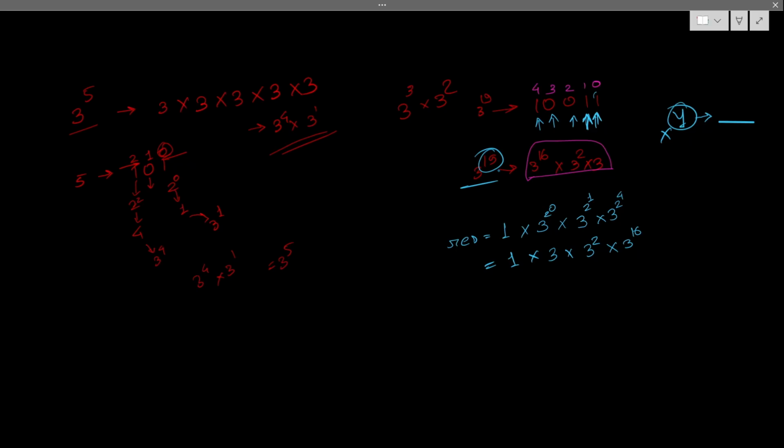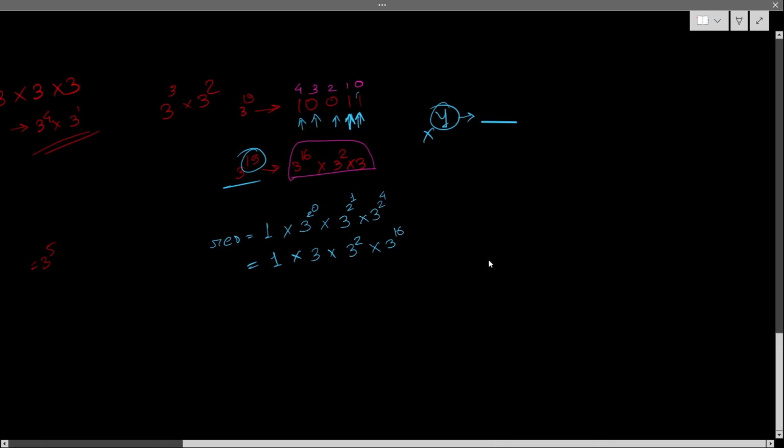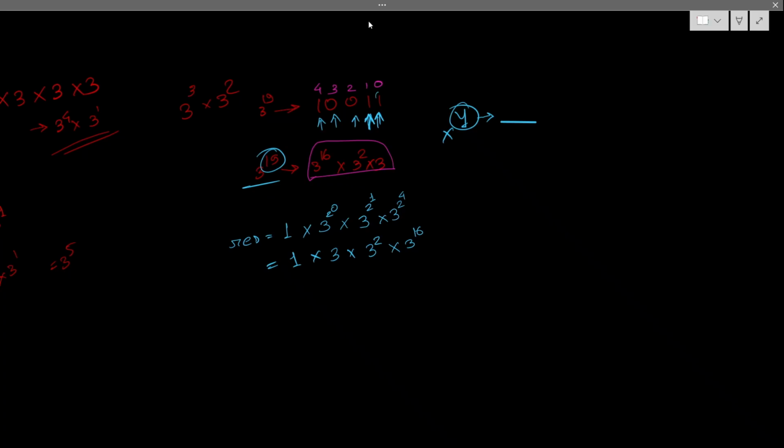Okay, so how are we going to check? Let's see how we are going to check that thing. First I'll write a while loop. I don't know the index or bit position of that. So I am going to calculate 3 to the power 19.